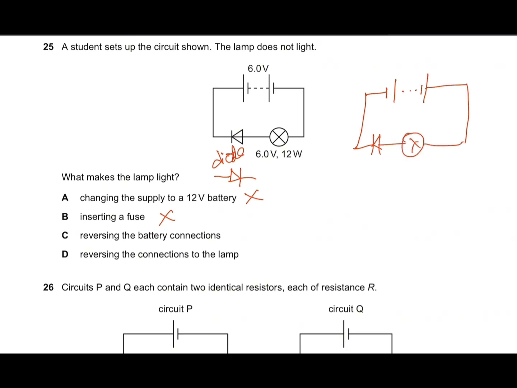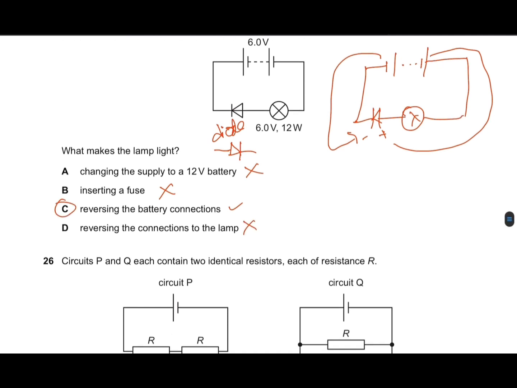Now the positive of the diode is connected to the positive side and the negative of the diode is connected to the negative side. So as a result, yes, it could be an option. Reversing the connections to the lamp: nothing will happen if we change the orientation of the lamp. So C is your correct answer.